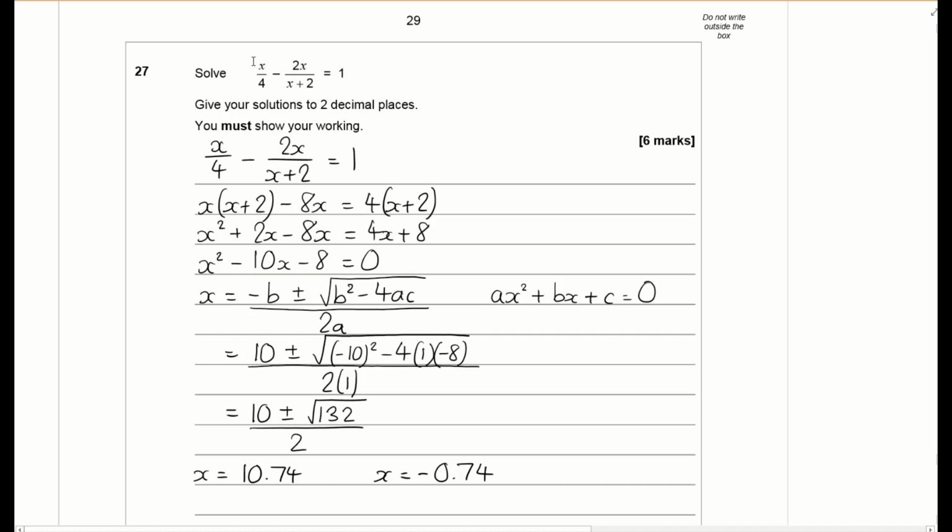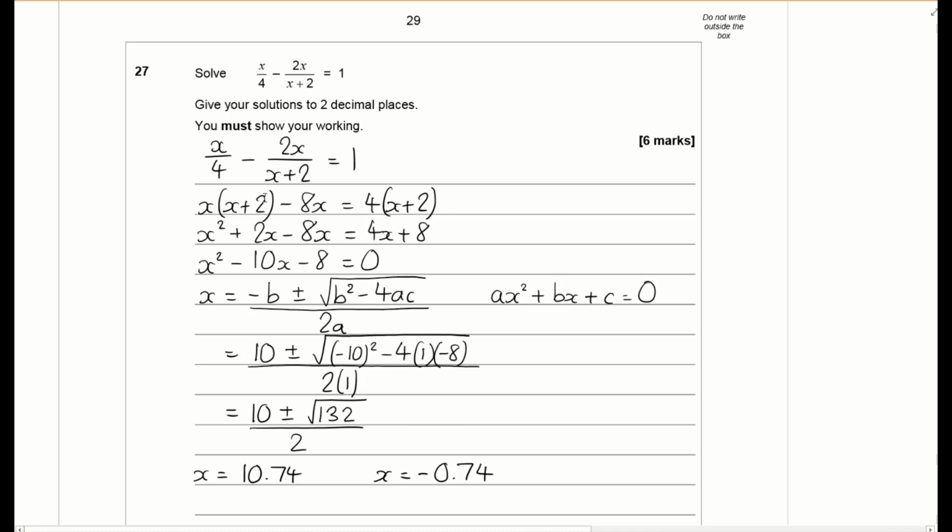For the first fraction here, if you multiply by 4, it cancels that out, but then you'd have an x plus 2 left. If you multiply this fraction by 4 times x plus 2, the x plus 2 cancels out with that one, but you'd also multiply it by 4, so you have negative 8x. The 1 though will be multiplied by both of them, and you don't get any cancelling, so it will be 4 times x plus 2.